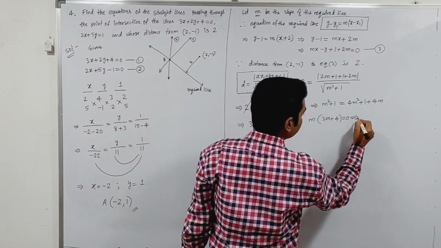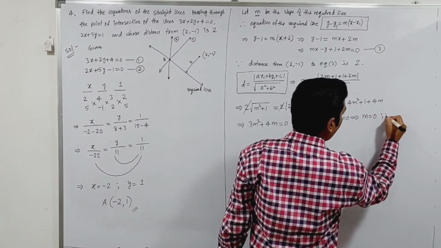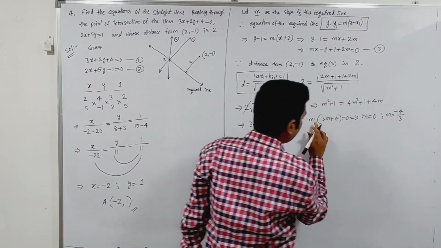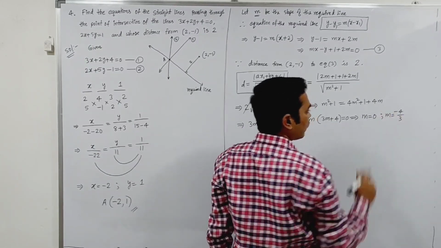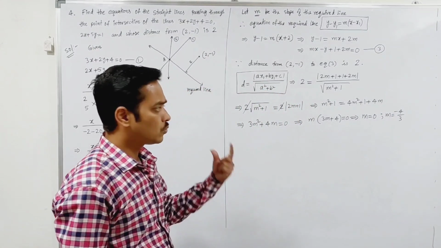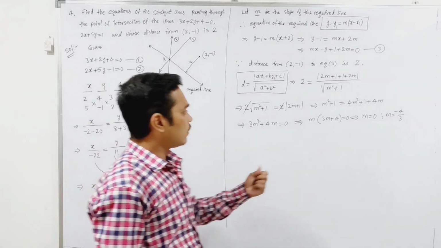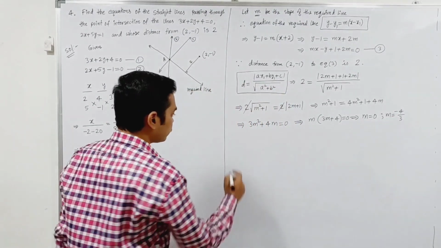So m is equal to 0 and m is equal to minus 4 by 3. We get two values for m, the slope of the required line. First one is m is equal to 0, second one is m is equal to minus 4 by 3.